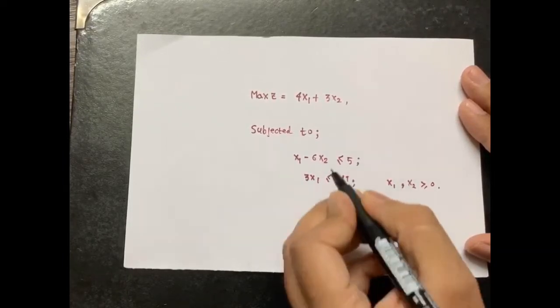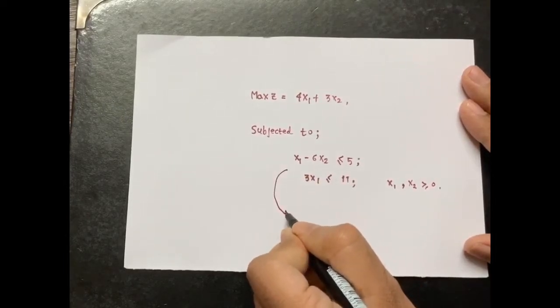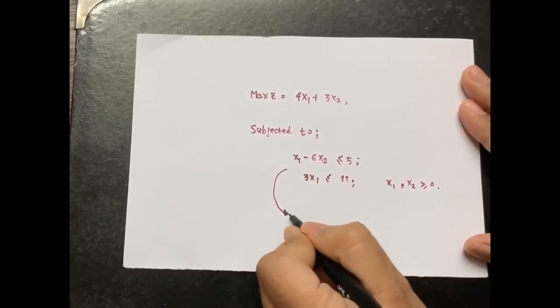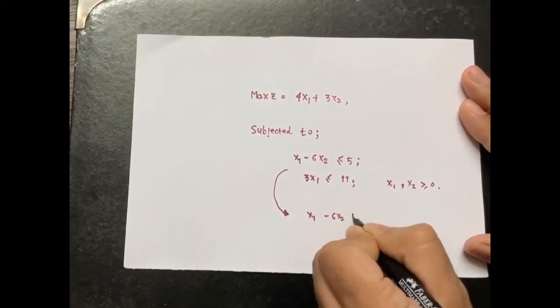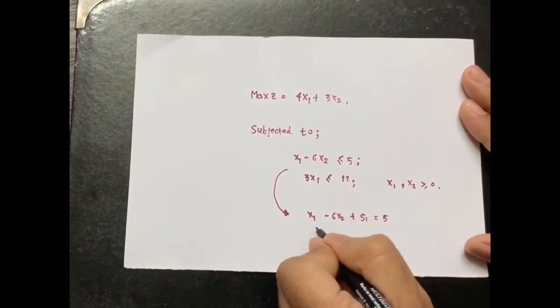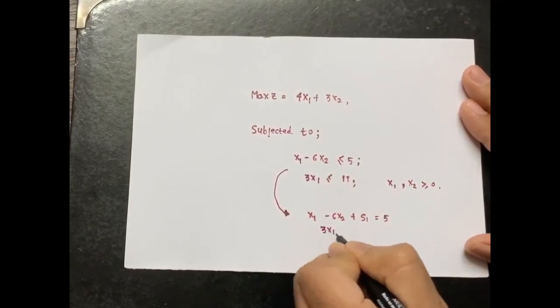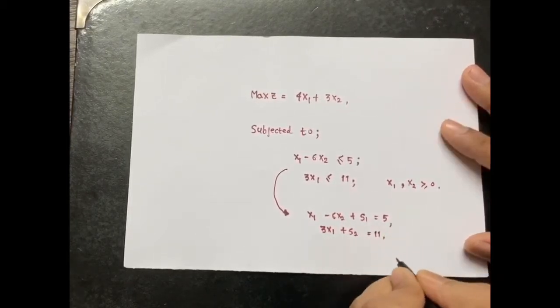So for that purpose, as per our standard protocol, if I convert these inequalities into equalities for the simplex method, it will be x1 minus 6x2 plus s1 equals 5 and 3x1 plus s2 equals 11.